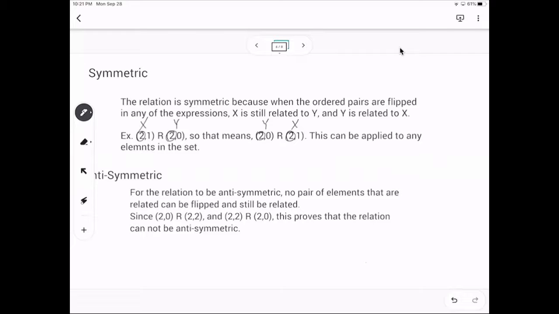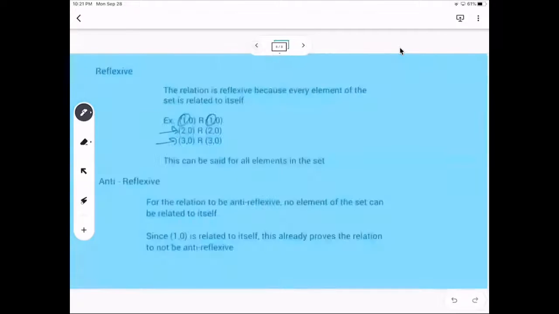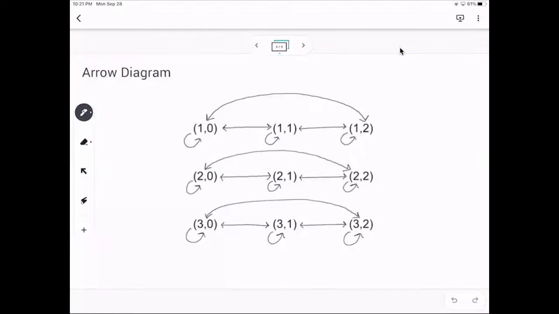And if we take a look at our arrow diagram, we see that (2,0) is related to (2,1), and (2,1) is related to (2,0). The arrows that have points at both ends are showing that the elements are related to each other.